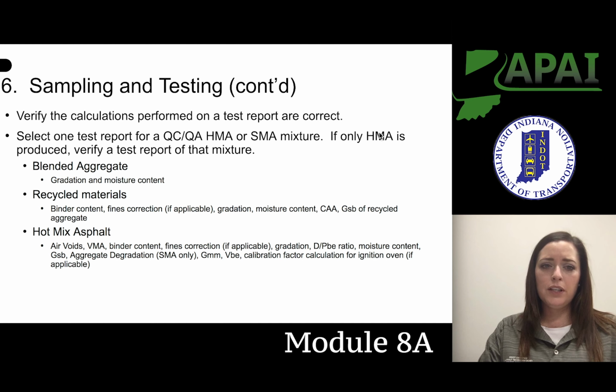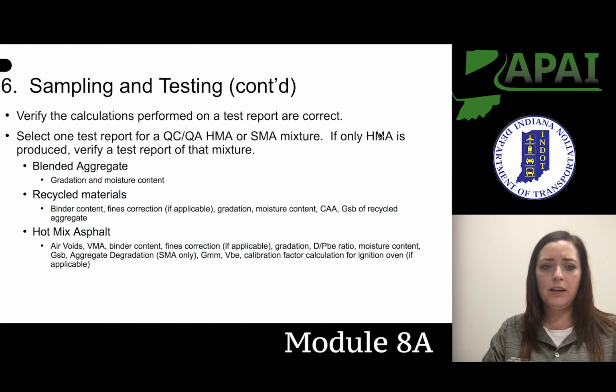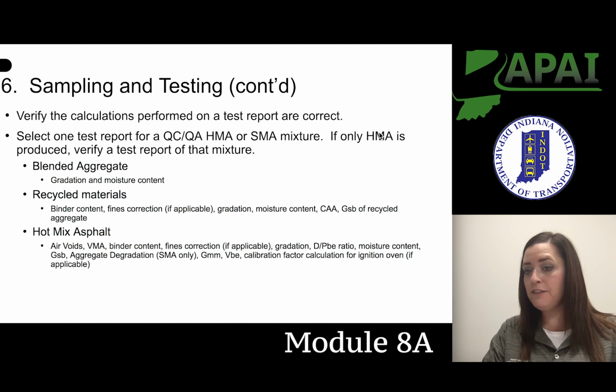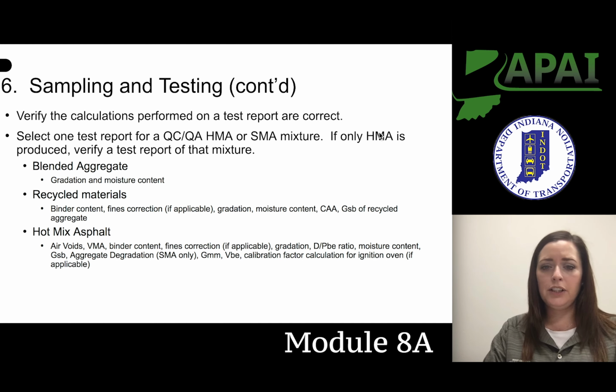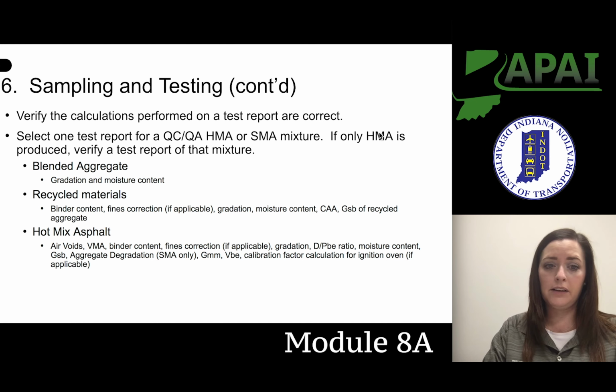In order to do this, one QC/QA HMA mixture or SMA mixture is selected to review those calculations. For the mixture testing itself, they will check the air voids, VMA, binder content, fines correction if it's applicable, gradation, dust to asphalt effective binder ratio, moisture content, GSB of the mix, and the aggregate degradation for SMA mixtures.